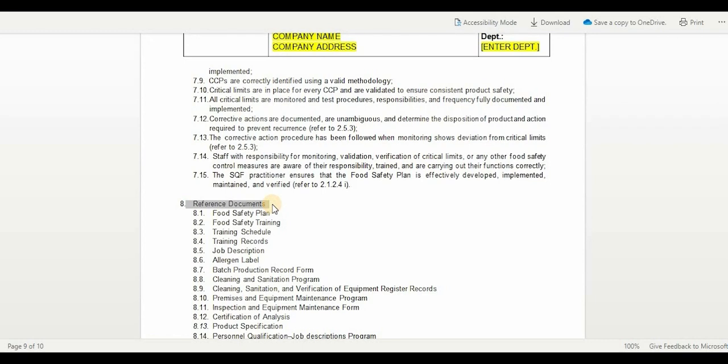Next is reference documents. The reference documents are the set of documents used to implement and monitor a program, policy, or procedure.